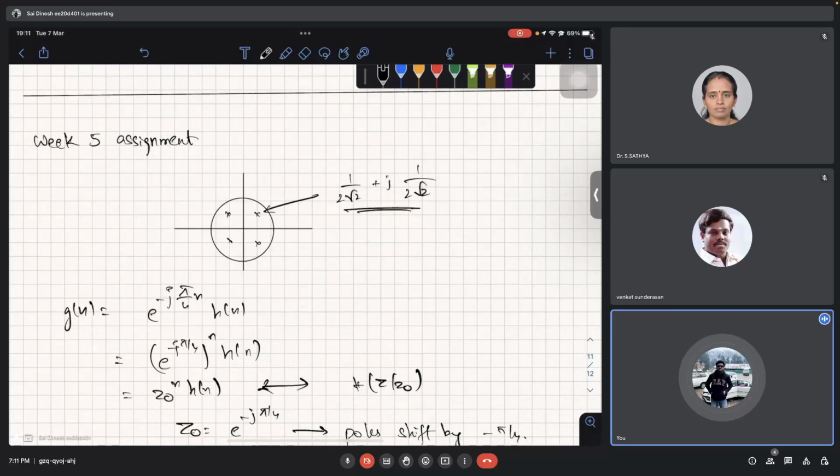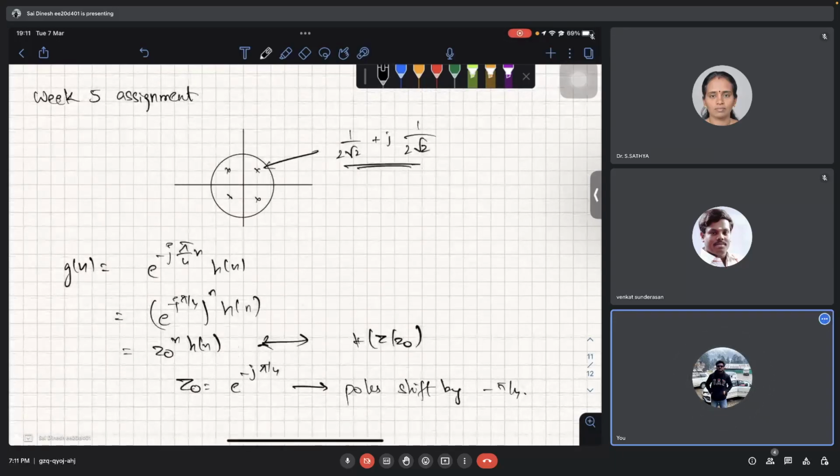So what is the angle of this point? The angle of this point will be 1 by 2 root 2 by 1 by 2 root 2, equal to 1, which implies theta equal to 45 degrees, right? Is this clear?